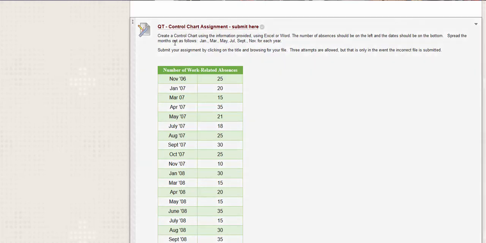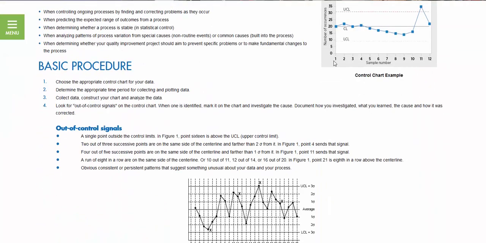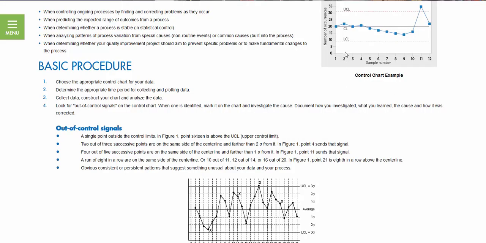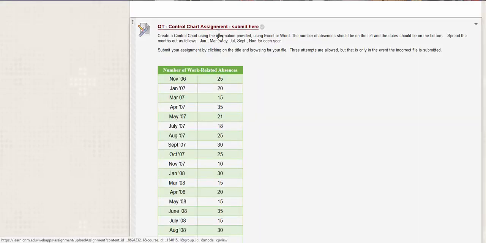So spread the months out: January, March, May, July, September, and November for each year. So when you look at the control chart, you're going to have the months across the bottom, and then the number of absences up here, and then you're just going to plot them out. Okay? And submit them right here where it says submit here.